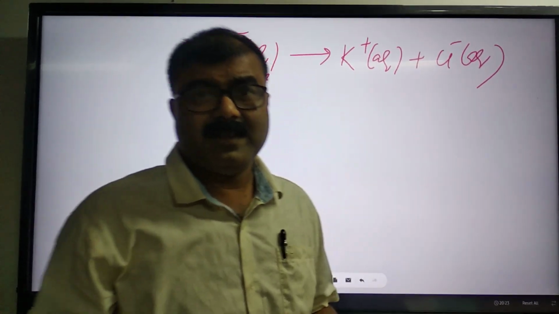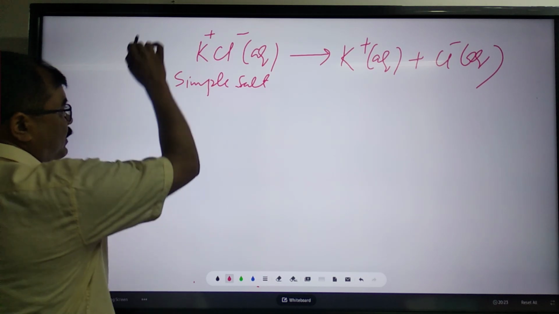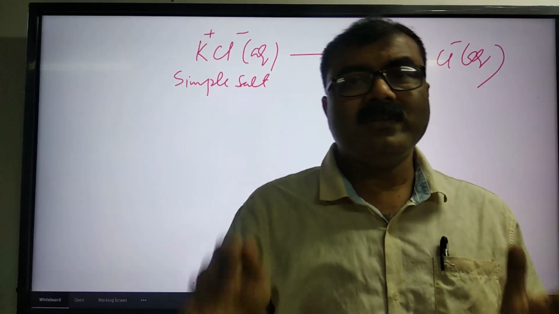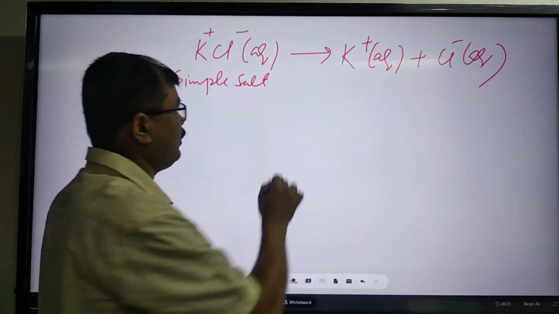Now two more terms. This is double salt and complex salt. What is the difference? Actually both double salt and complex salts are called addition compound or mixed compound, remember?